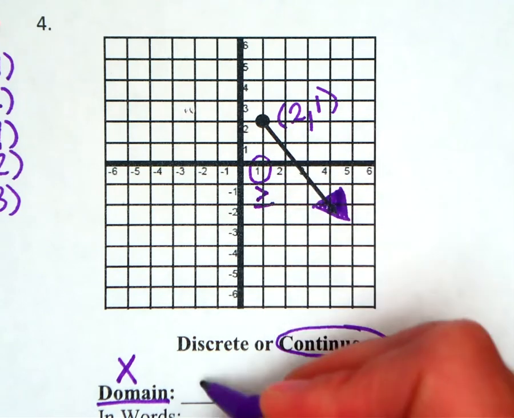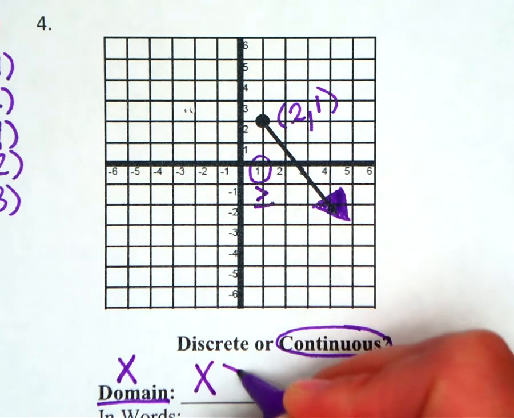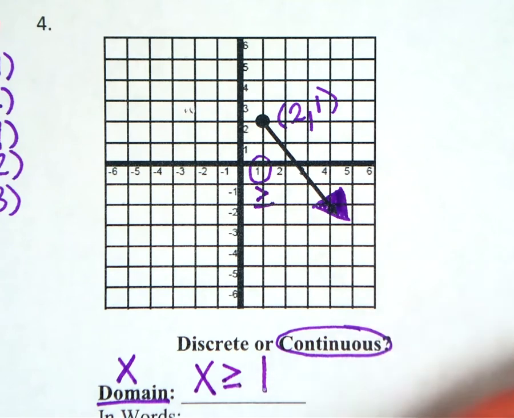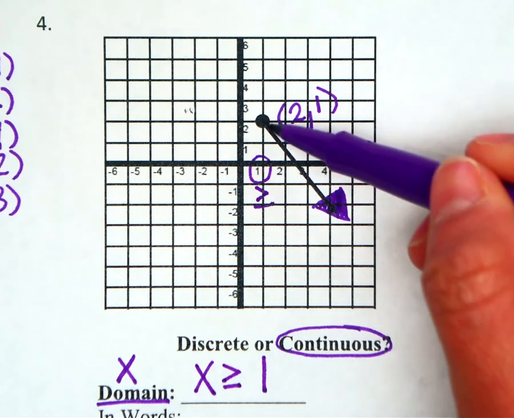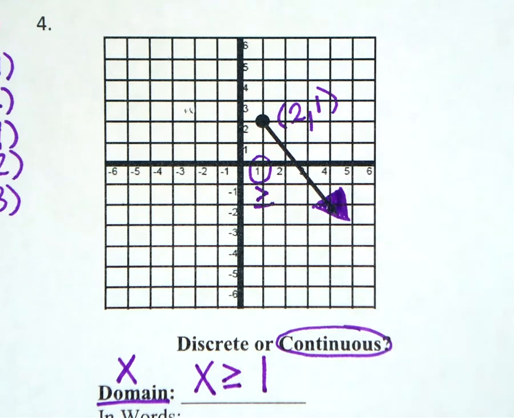So when I write my domain, I'm going to say X is greater than or equal to 1. 1 point, 1 number, and it goes on and on and on. Same thing with the range. So here we're going to say all real numbers greater than or equal to 1.